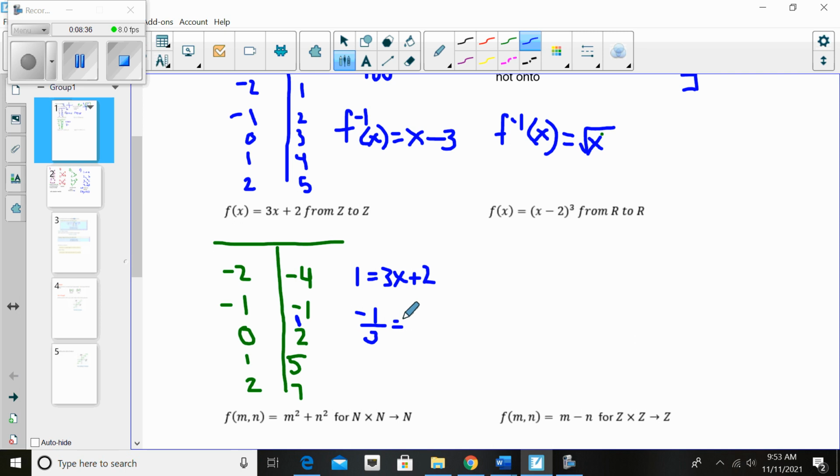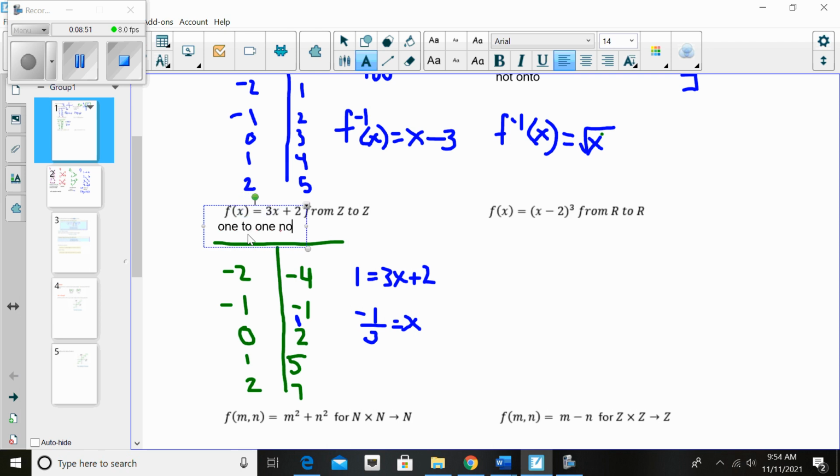So from the set of integers to the set of integers, I am not onto. So this would be one-to-one, but not onto. It's injective, but not surjective, from Z to Z.